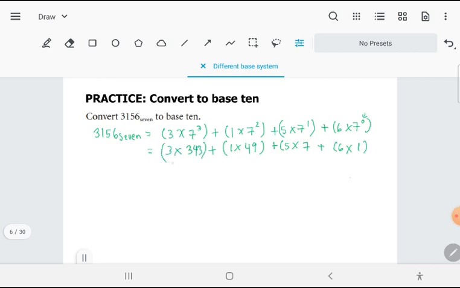Multiply that by 3. Now 6 times 1 is 6. 5 times 7, that's 35. This is of course 49. The product of 3 and 343 is 1,029. Now, if we add them together, we will get 1,116. So that means 3156 subscript 7, or of base 7, is equal to 1,116 of base 10.